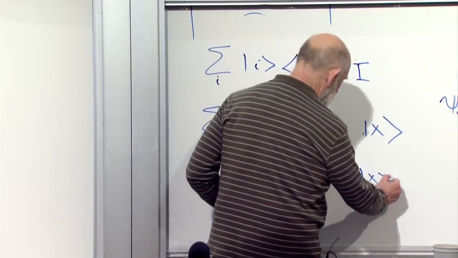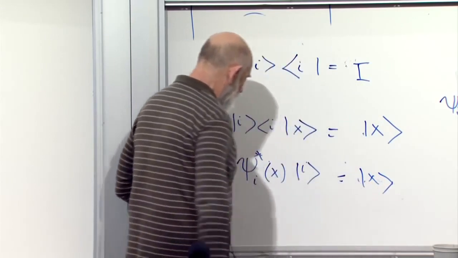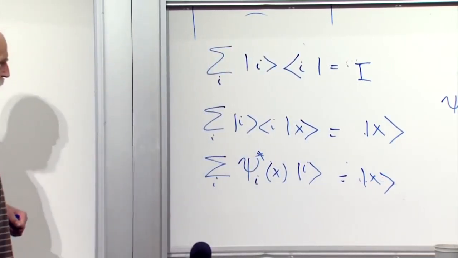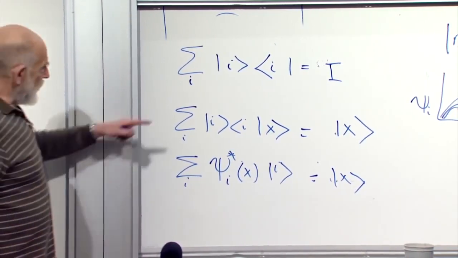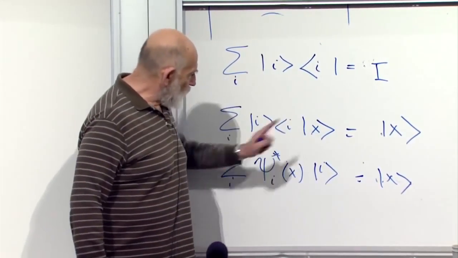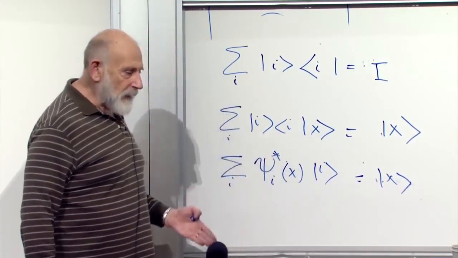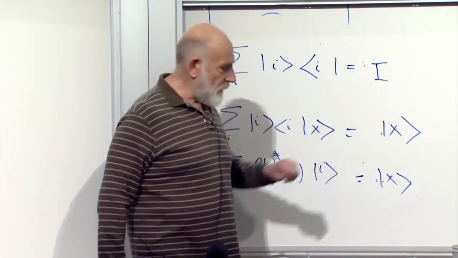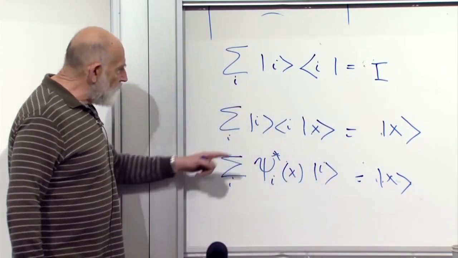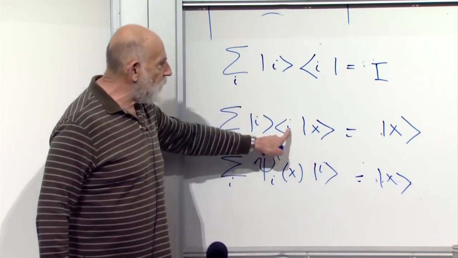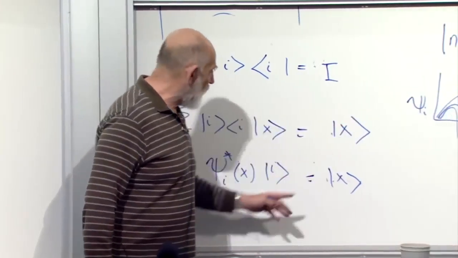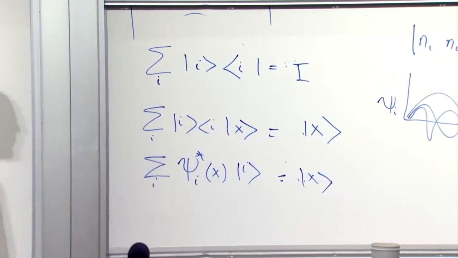Now let me slow down here and get any questions about this, because I'm sure this must be a little bit confusing. This is the unit operator. We apply it on a state located at x, and it gives us a state located at x. On the other hand, this inner product of a particle at x with the state vector psi I is just psi star of I. It's just a wave function.